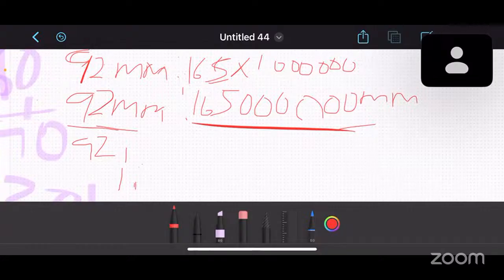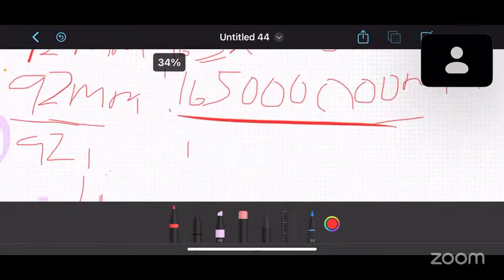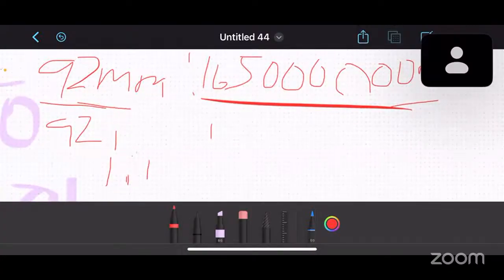And how much do we get? 1,793,478.26. Then rounding it off to the nearest number is 1,800,000.